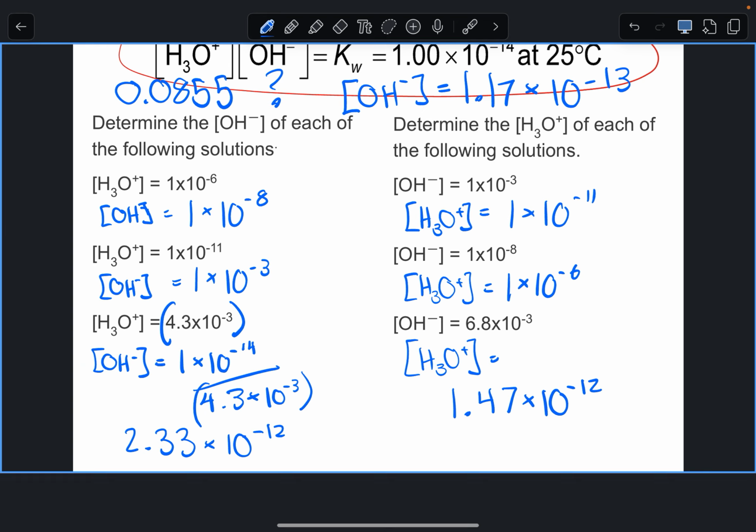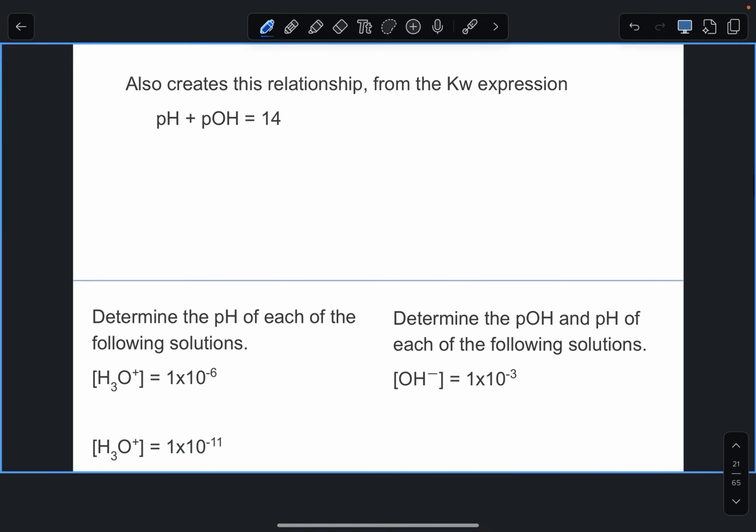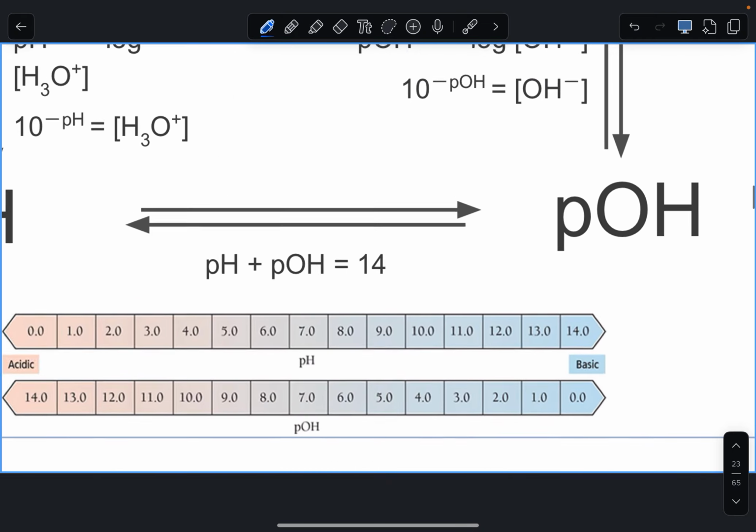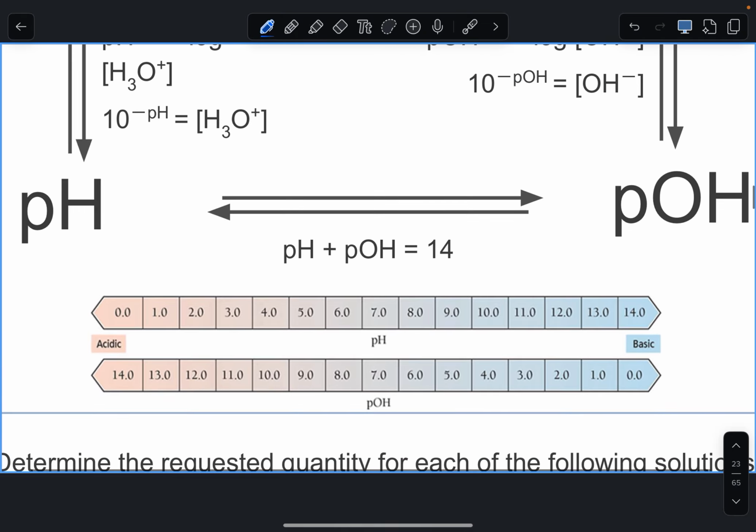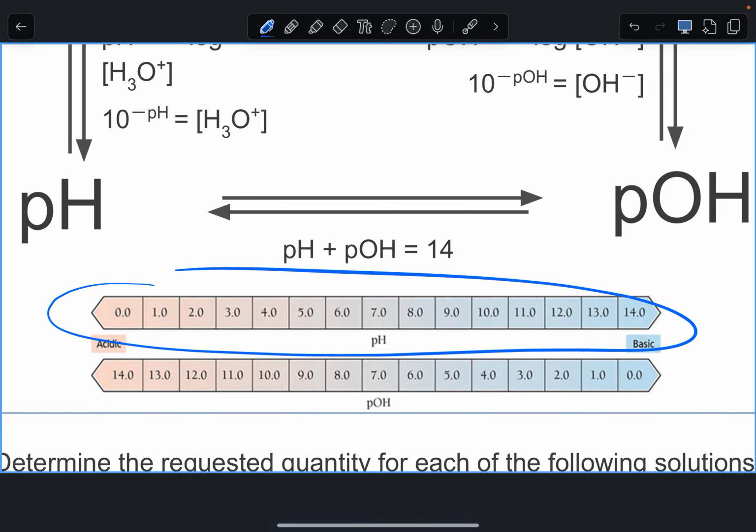Next, we need to talk about pH, because that's usually how we're going to report how acidic a solution is. So if you guys remember, I'm going to scroll down a bit to a pH scale. Okay, just look at the top one here. So if you remember from any other biology, chemistry, whatever classes, 7 is neutral. Anything less than 7 is acidic, and anything more than 7 is basic.